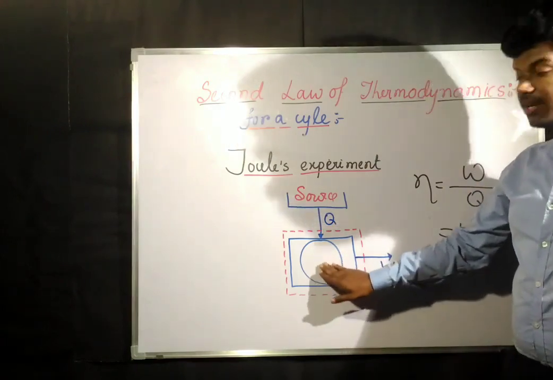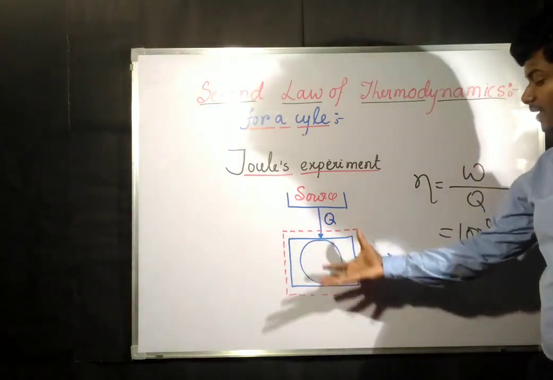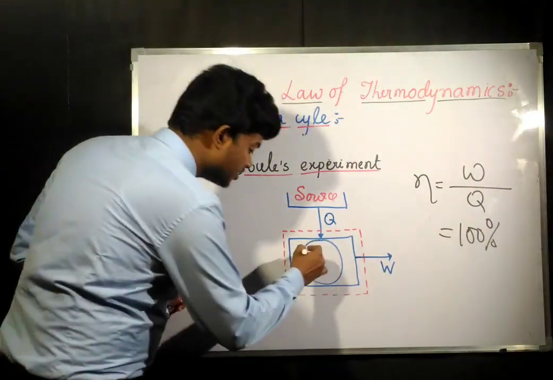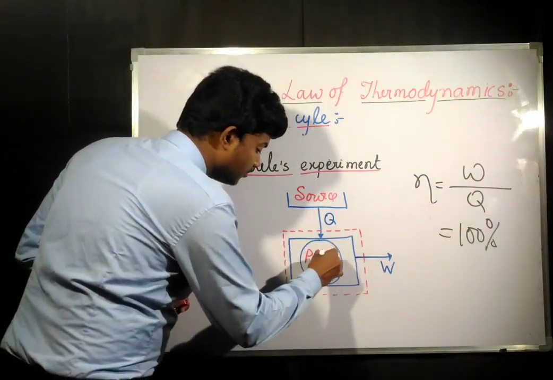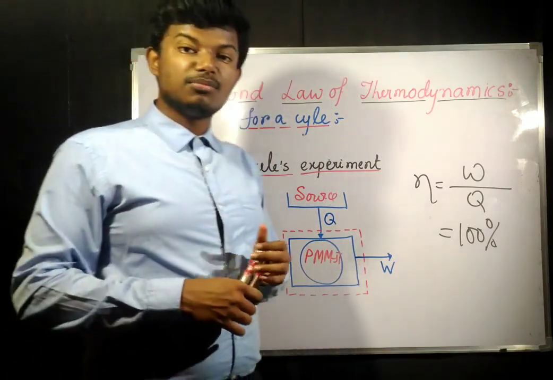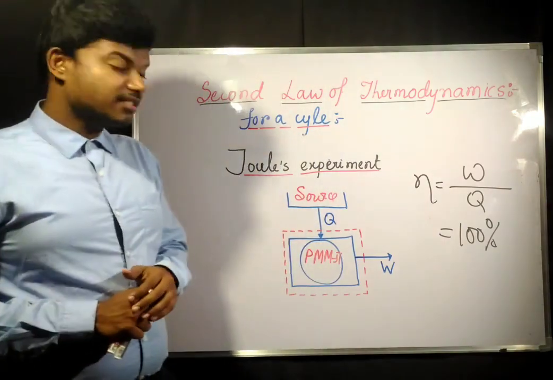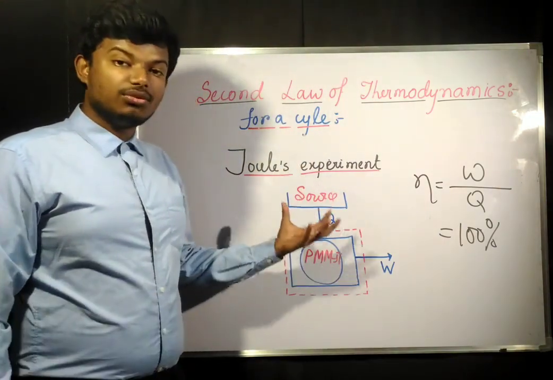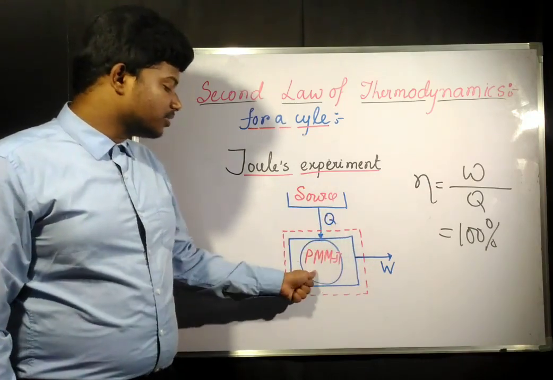So from this we can say that this type of machine is going to be completely impossible, and this type of machine is known as PMM2. Okay, perpetual motion machine 2. Perpetual motion machine 1 we have discussed earlier. Now this is perpetual motion machine 2. That means a machine which is going to give continuous work. Perpetual means continuous.